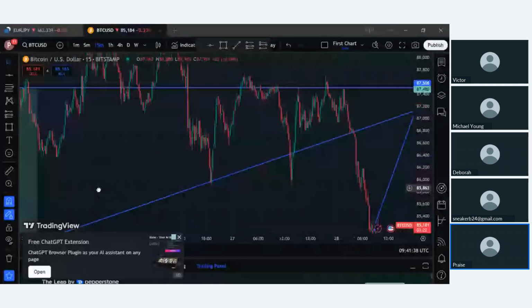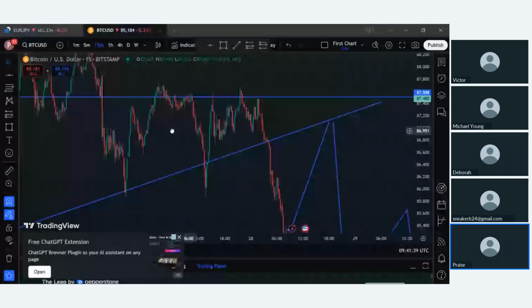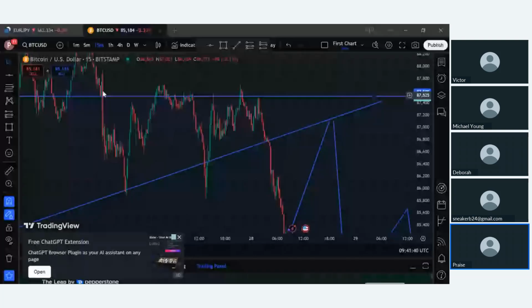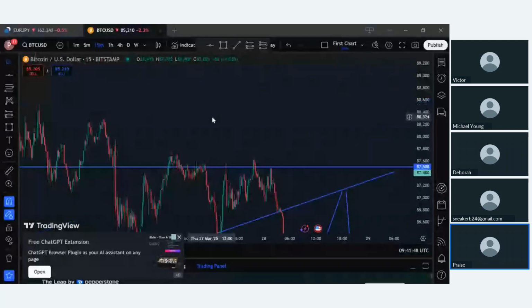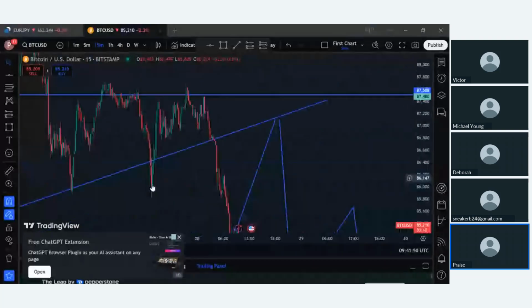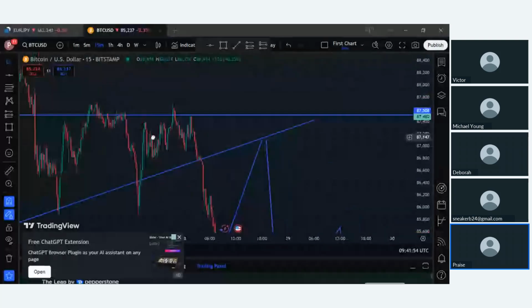Now let's look at the one that failed. You can see the one that failed on 15 minutes. The market came, was rejected. The market could not form a high. So the market came again, dipped in, but was rejected and could not break this resistance that is already formed here.